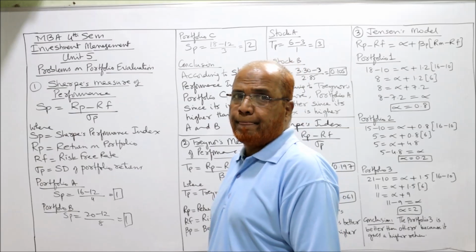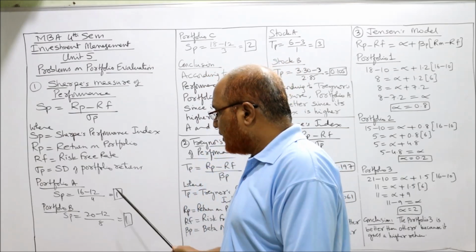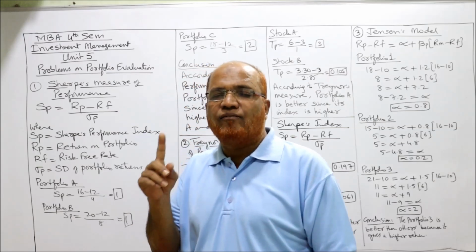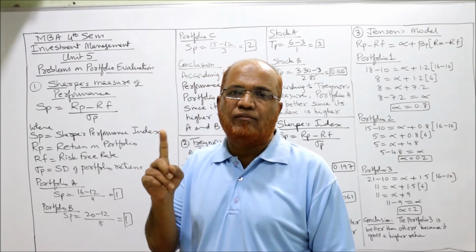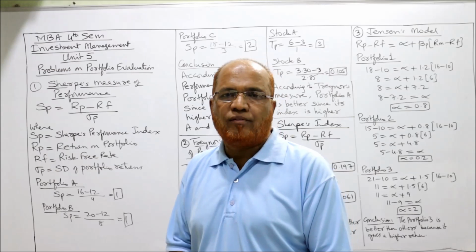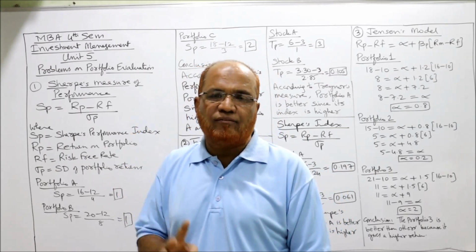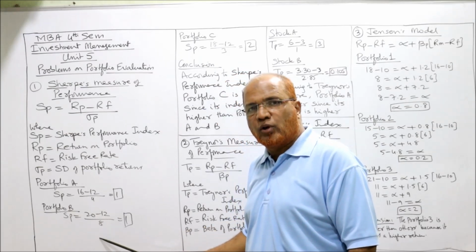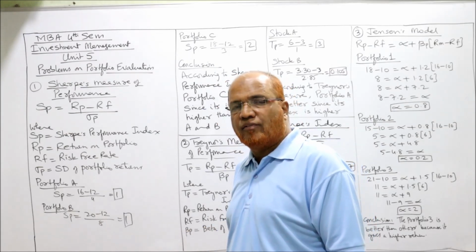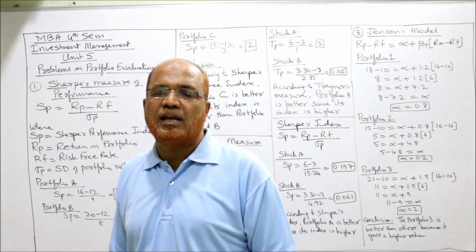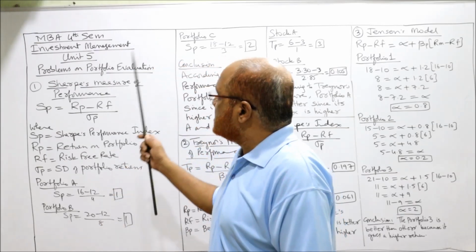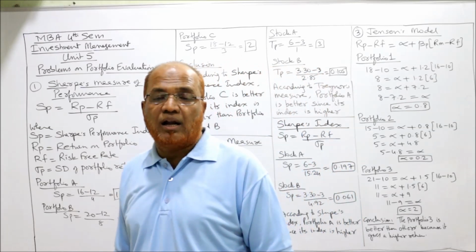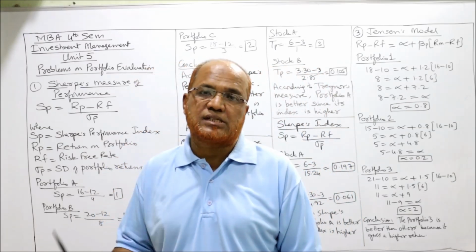What does this mean? According to Sharpe, if you get 1, that means the investor is getting 1 unit of reward for every 1 unit of risk. For portfolio A, for every 1 unit of risk he is getting 1 unit of reward. Same case for portfolio B. Whereas in portfolio C, he is getting 2 units of reward for every 1 unit of risk.